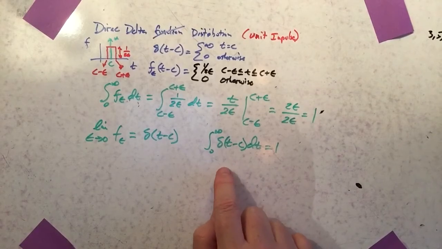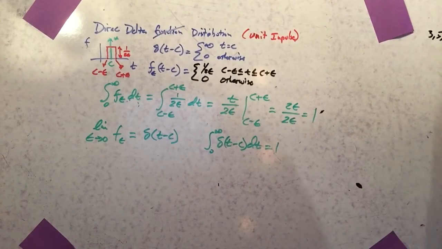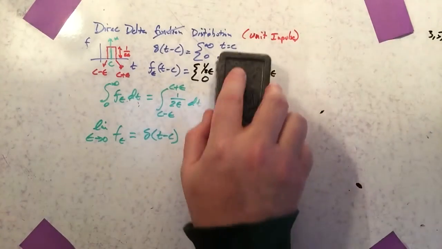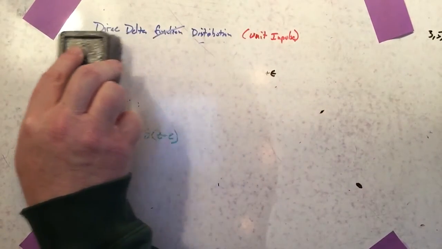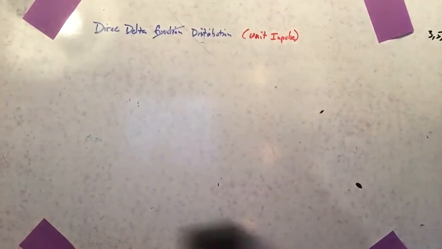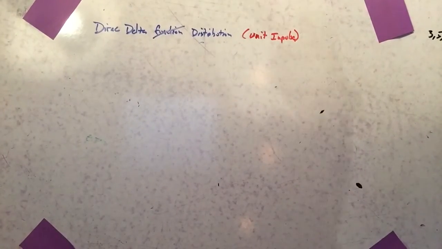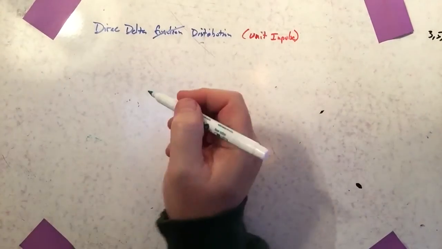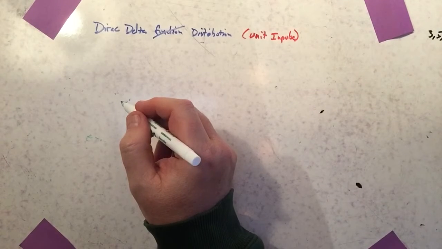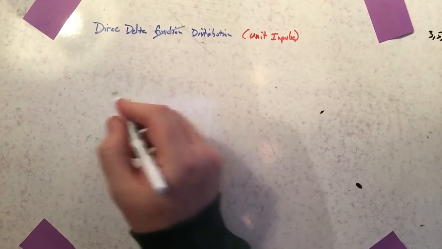Let's take a look at how we can go about using it then, now that we've done some of these properties of it, okay? So let's go back up here to the top. The first thing we want to do is look at what happens, just like with the Heaviside function, when we multiply this by another function.